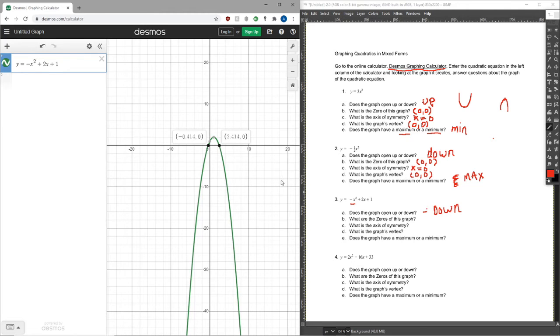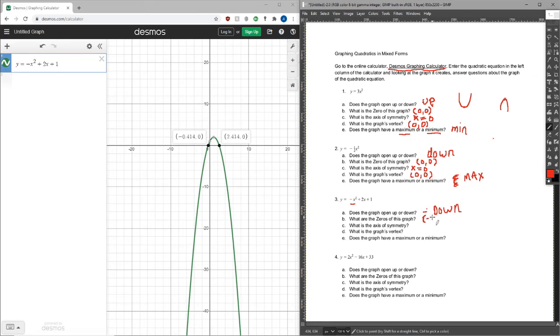If you click on those dots, it will give you the zeros. You know they are zeros because the y is 0. Because it crosses the x line twice, it's going to have 2 zeros, and that's often the case with a parabola.